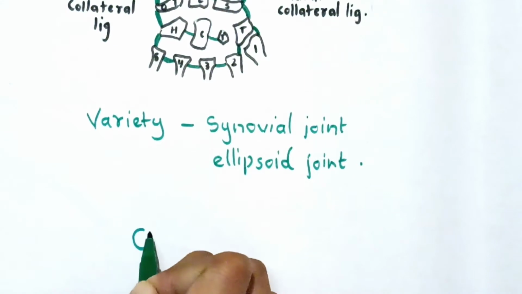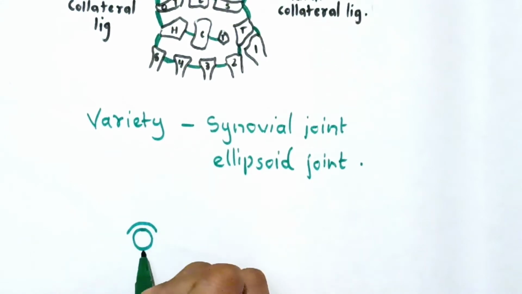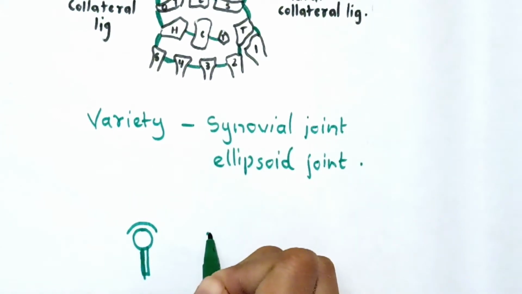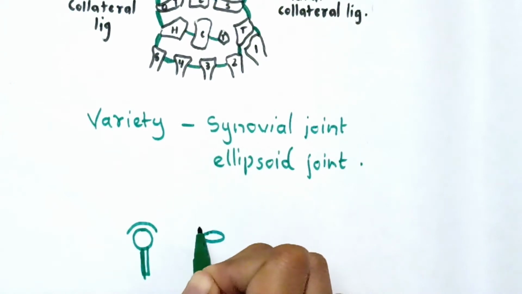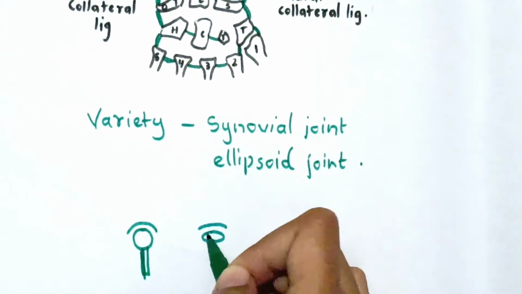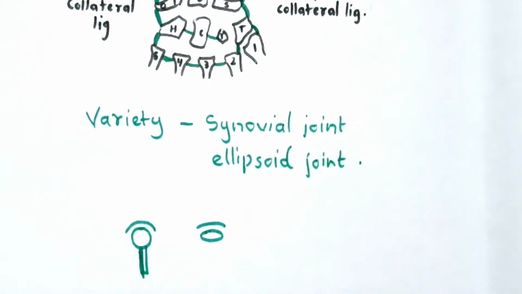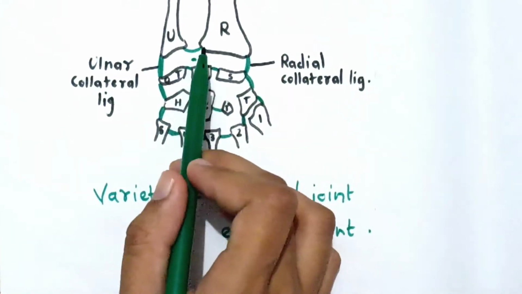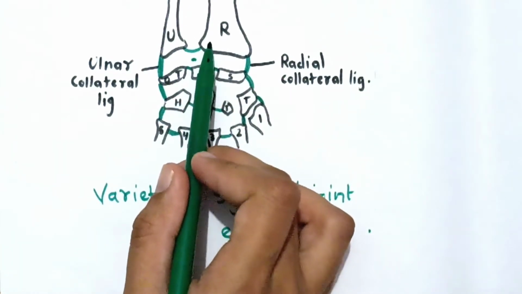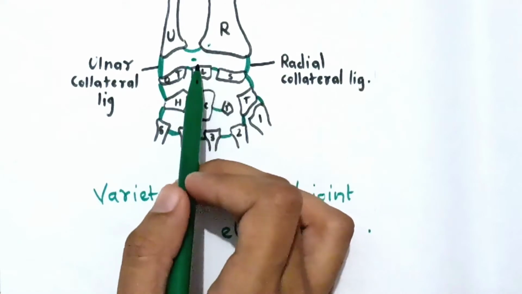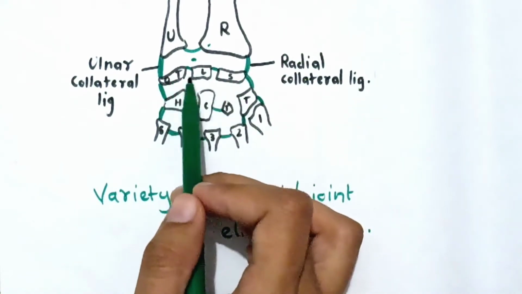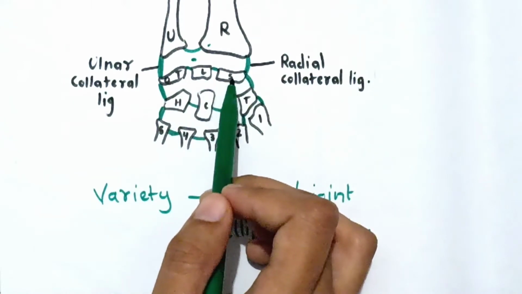Like we have a ball and a socket, but in ball and socket, both are circular, more round, but in ellipsoid, both of these are oval or ellipsoid shaped. The ball is also oval and the socket is also ellipsoid shaped. You can see here the socket is formed by the lower surface of the radius, and the ball is formed by these three carpal bones: triquetral, lunate, scaphoid.